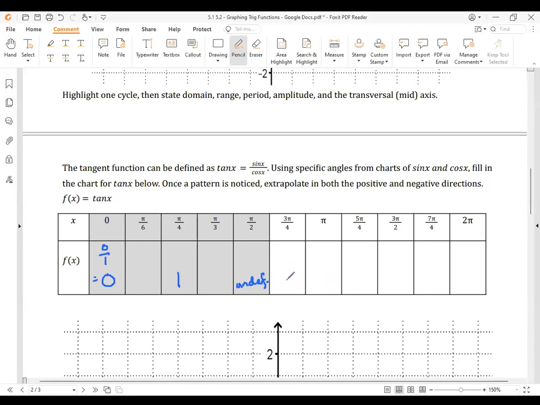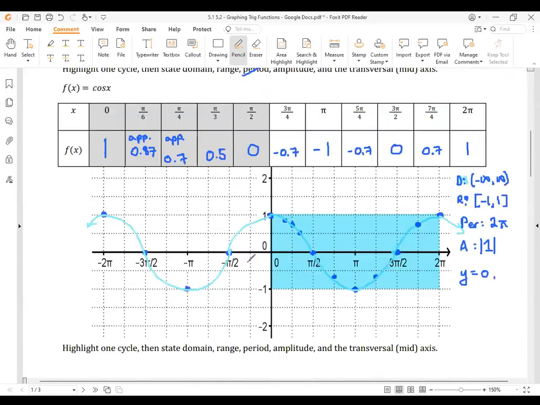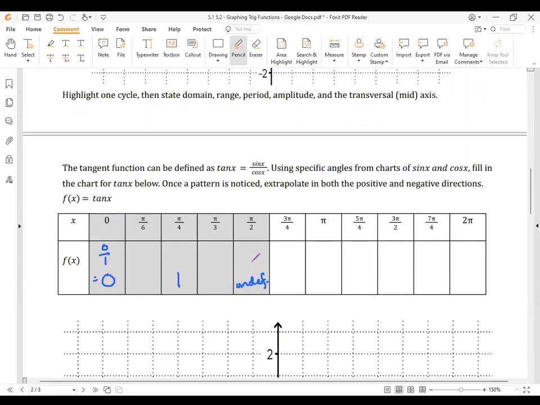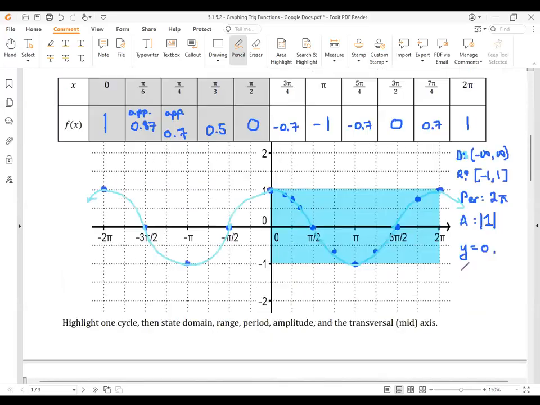Undefined. 3 pi over 4. 0.7 divided by negative 0.7, negative 1. And then we have 0. And then we have 1. And then we have undefined. And then we have negative 1. And then we have 0. Is that right? Yeah.